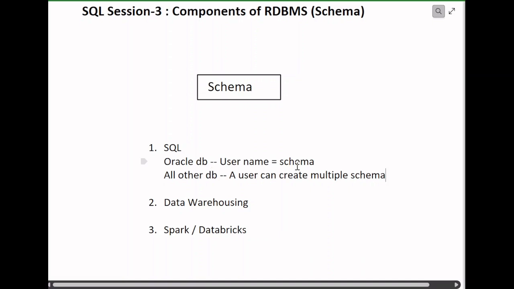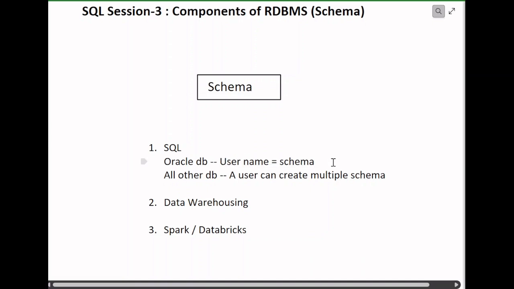Let me explain. If we have created 10 users in an Oracle database, Oracle will automatically create 10 schemas and assign each schema to an individual user. The schema name will be the same as the username. So the words schema and user can be used interchangeably in Oracle.